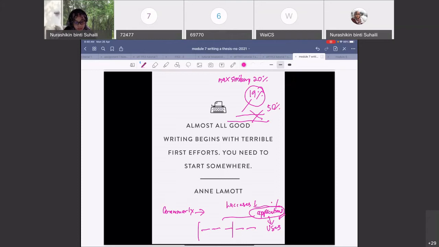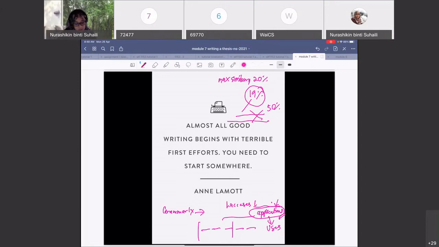So that's why I said for any terms that you can still find an alternative synonym for, please change them in order to reduce the similarity. I don't have an example here, but there are examples of students' FYPs where one whole sentence is copied and pasted from the original.